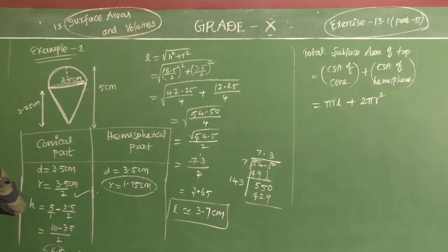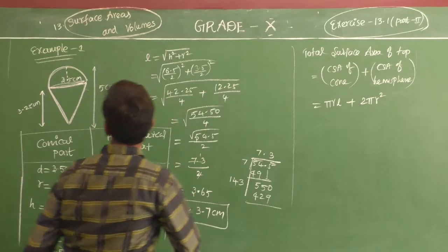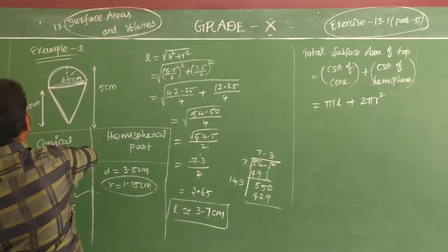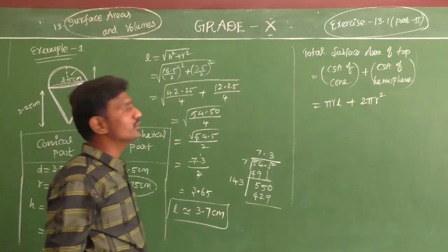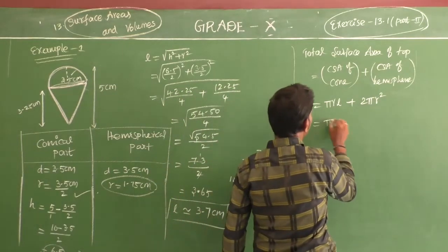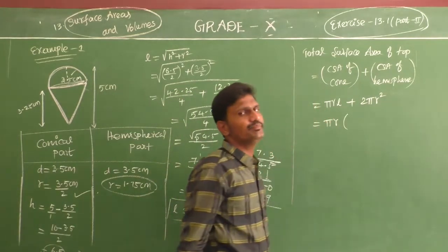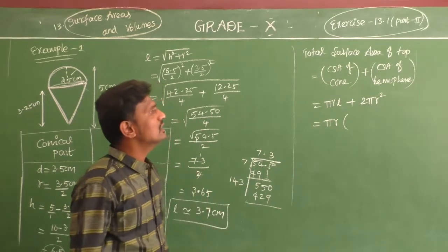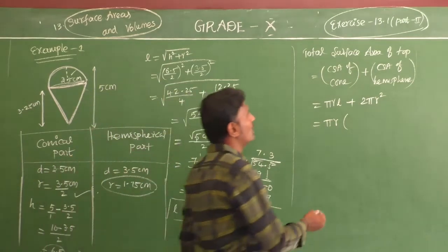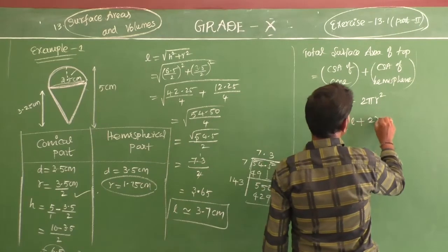Yes, students. Okay. Now you have the same radius, here 3.5 by 2 and there also 3.5 by 2. So I am taking pi r outside as common. So what is the remaining? You have L plus 2r.